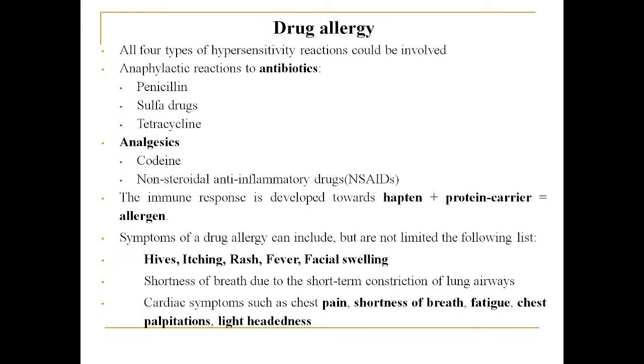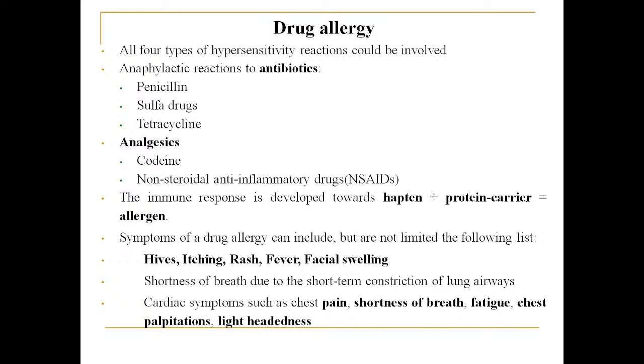If you see the first clinical symptoms of anaphylaxis, what are these symptoms? A rash, urticaria, bronchial spasm, you must stop injection of this drug. Stop the injection and inject antihistamine drugs and adrenaline or corticosteroid drugs if necessary.